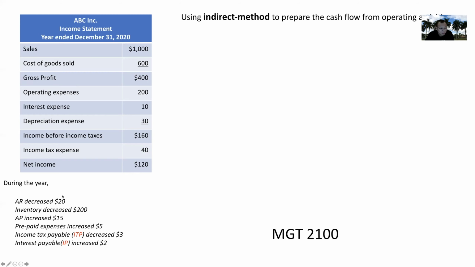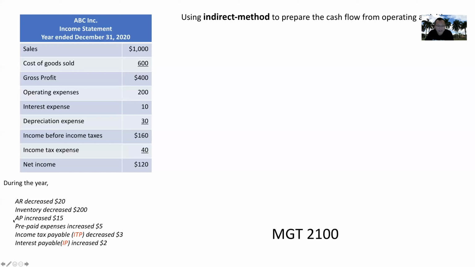During the year, we have some information about the statement of financial position. They told us how a bunch of the current assets and the current liabilities accounts changed. So accounts receivable decreased by $20. Inventory decreased by $200.